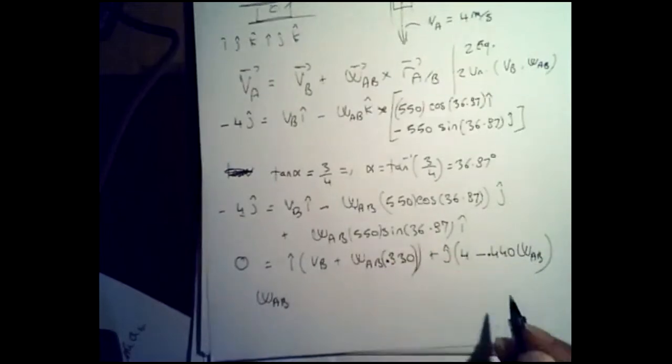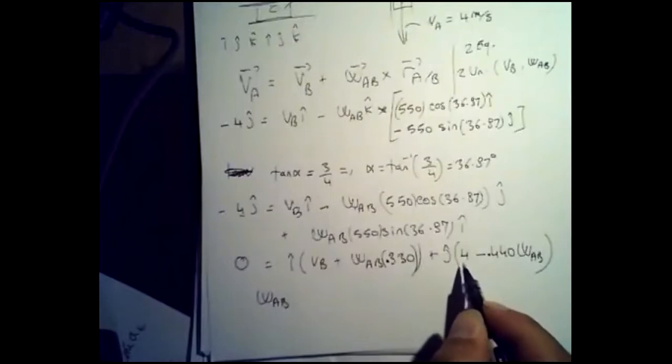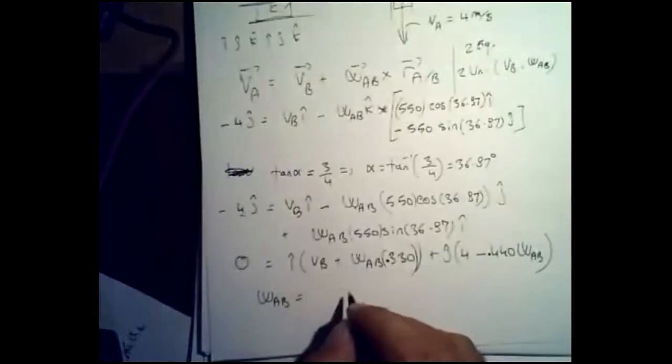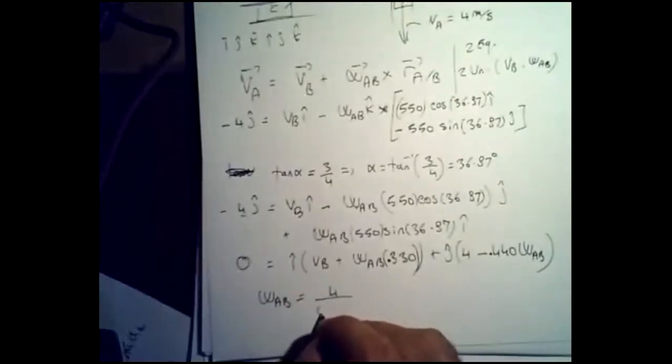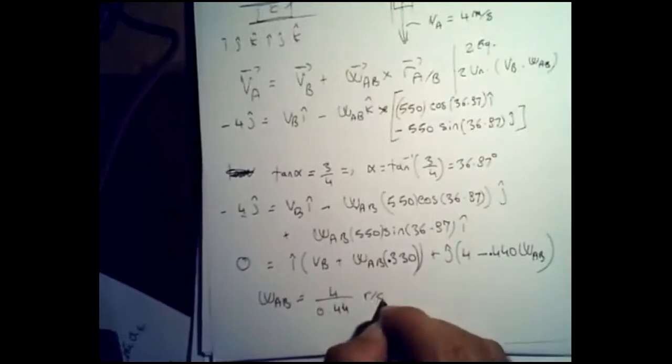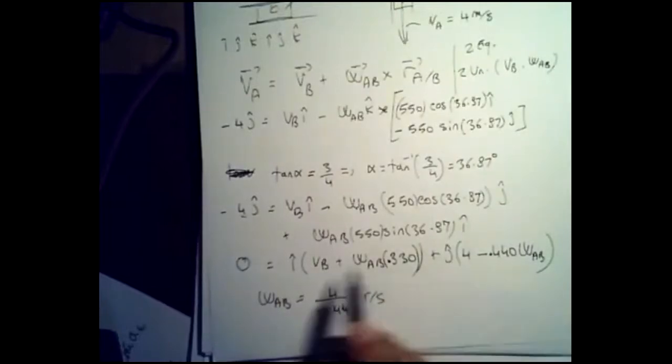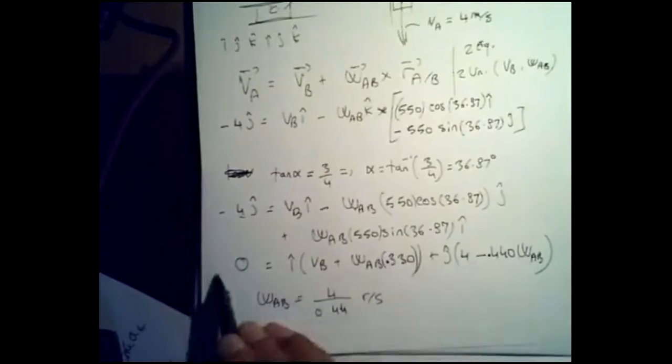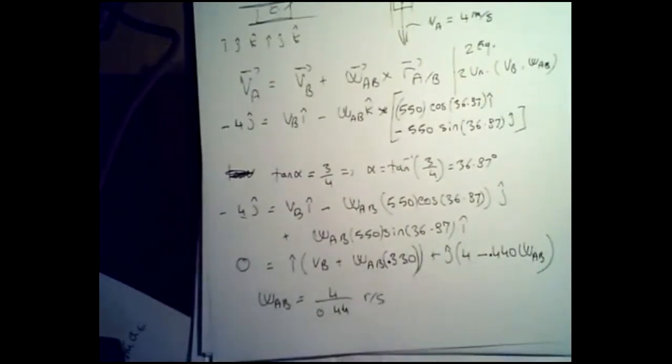Yes. And this 4 is 4 meters per second, right? So omega AB is going to be equal to 4 divided by 0.44 radian per second. And this guy is 0, so the J component has to be equal to 0, and the I components have to be equal to 0.